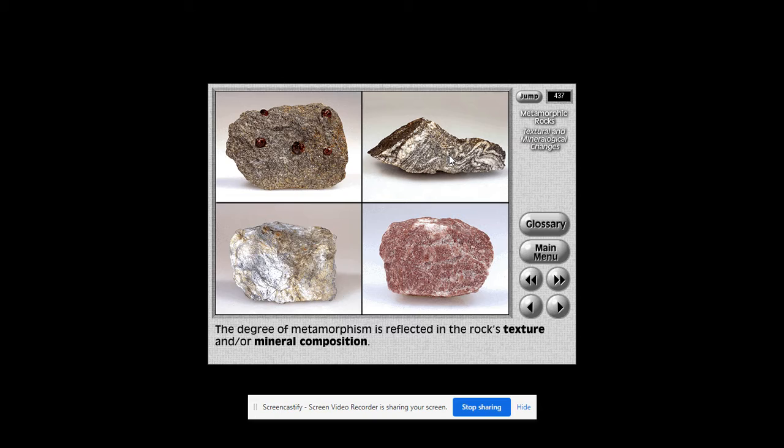This may have been a granite, or it could have been a shale that was so metamorphosed that all of the minerals lined up in these kind of like parallel and sometimes curvy lines. We call that pattern foliation, when you can actually see layering inside a metamorphic rock. This down here is a third form of the metamorphism of shale.